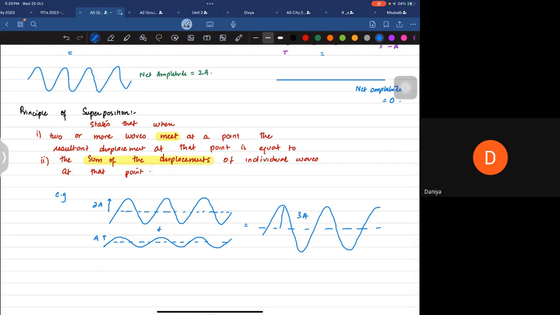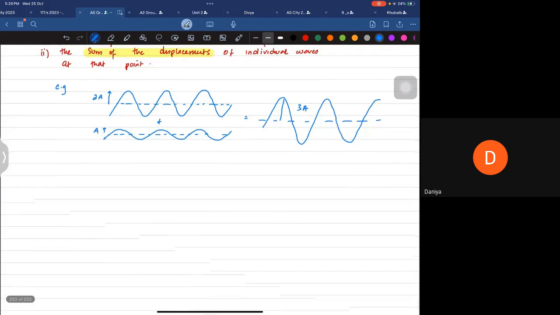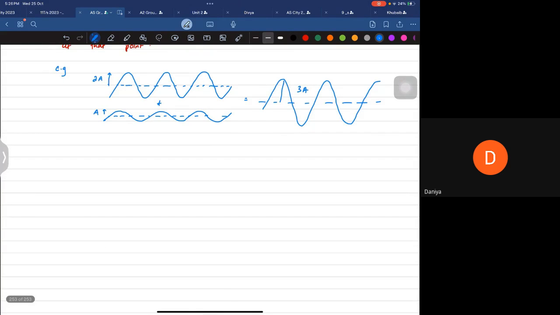Yes. So one of the results of the principle of superposition is the formation of stationary waves.